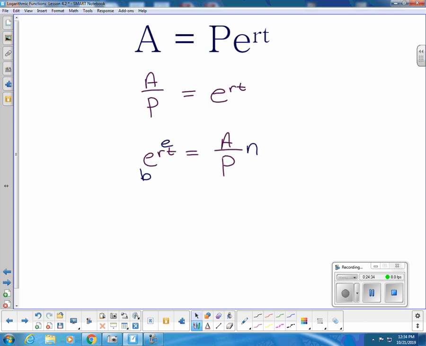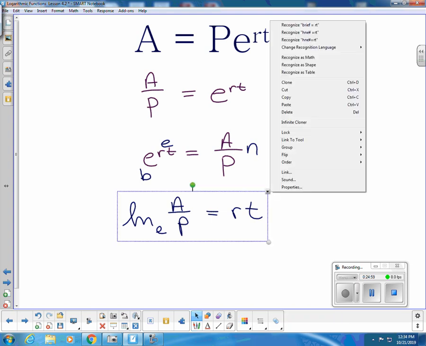What kind of log do I have to do though? I have base e, so the natural log. There's my b, which I don't need to write because it's base e, equals rt. So I've rewritten that in terms of rt, or as a function, right? So now, we're going to use that on the next slide. Let me copy it.